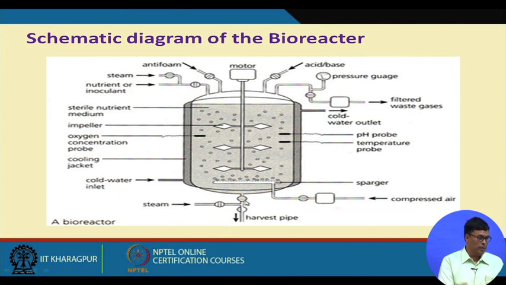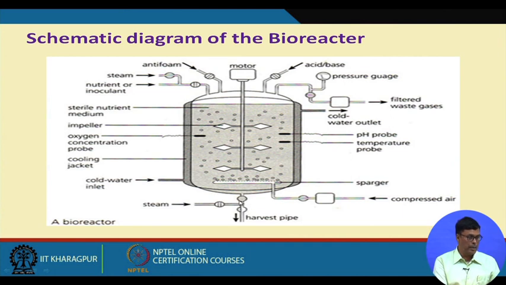Then harvesting is very much required, because after the fermentation is over, you have to take out the media. How can we take out the media? What we do is, we have aeration, and we close this outlet valve. If you close this outlet valve, what will happen? There will be air pressure here. With this air pressure, it will push the liquid through this valve.